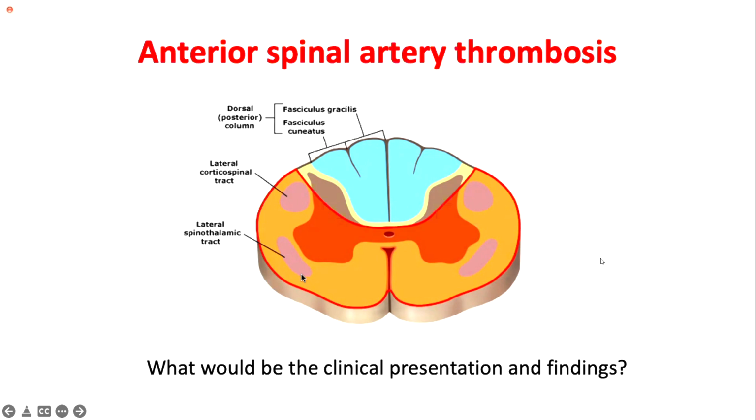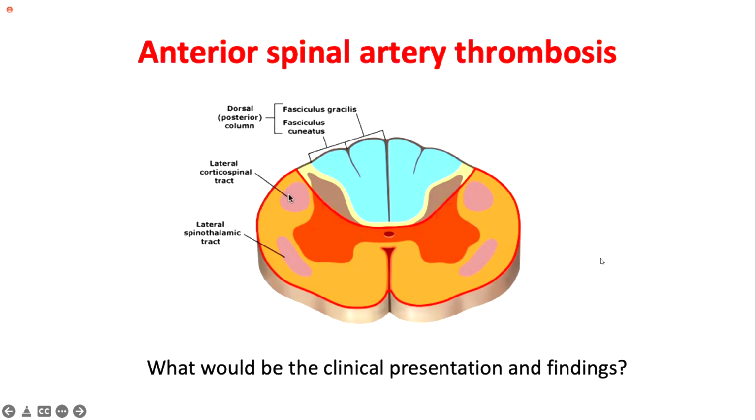Here are the lateral spinothalamic tracts, which are the ascending sensory fibers. The dorsal columns, which is your fasciculus gracilis and fasciculus cuneatus, which take proprioception, are not affected because it is the anterior 2/3 of the spinal cord that is affected.